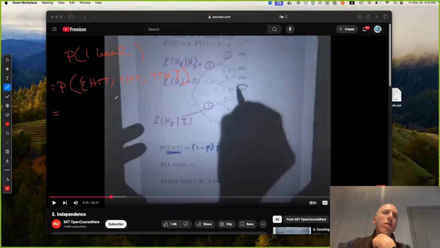You can always break up the event into disjoint sets. By set theory, it's heads, tails, tails, union tails, heads, tails, union tails, tails, heads.